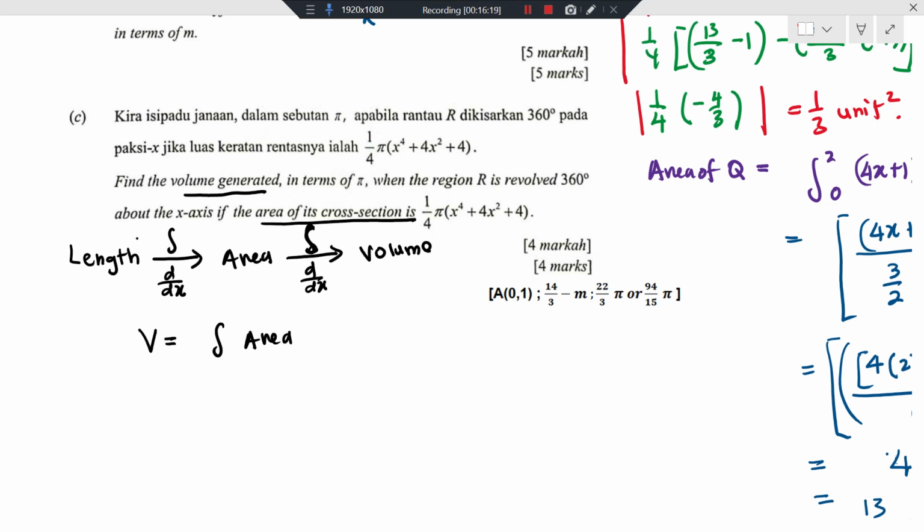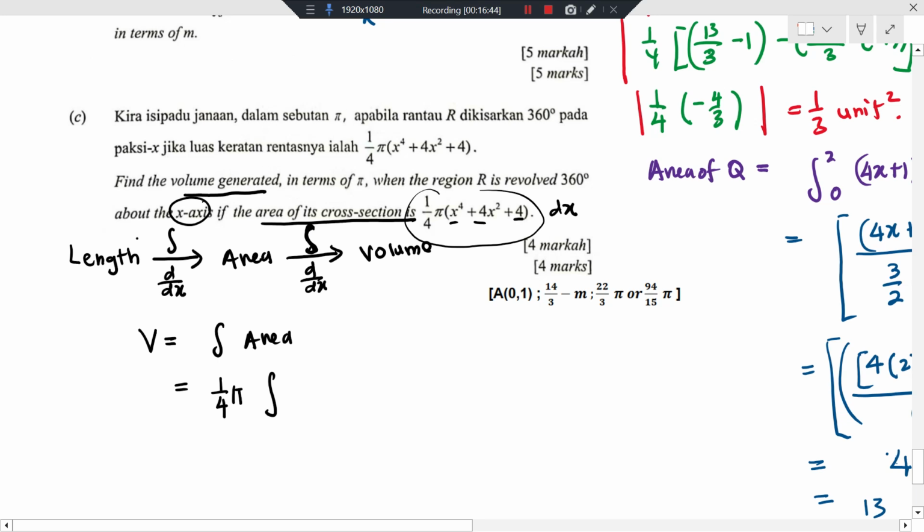Okay. So, you see, all the terms are in terms of x, right? So of course, it revolves about the x-axis. They already tell us also. And they already put the 1 over 4 pi, so make it outside. But from where to where do we need to rotate? That's the question now. We don't know the limits of this part of the equation, correct?